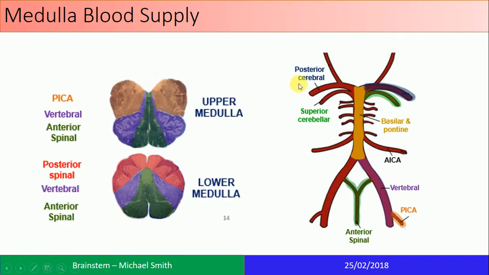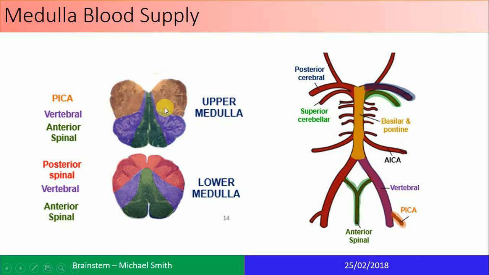The medulla is slightly more difficult because it has different blood supply at different points. So at the top of the medulla, we have the PICA, which is our posterior inferior cerebellar artery, and this supplies the posterior part of our upper medulla.